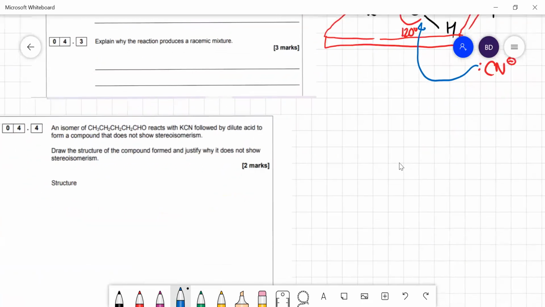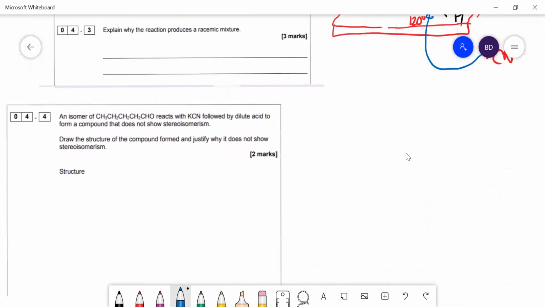Right, an isomer of propanal reacts with potassium cyanide followed by dilute acid to form a compound that does not show stereoisomerism. Draw the structure of the compound formed and suggest why it doesn't show it. Okay, so the isomer is going to have a carbonyl group in it, and it's going to have 5 carbons.